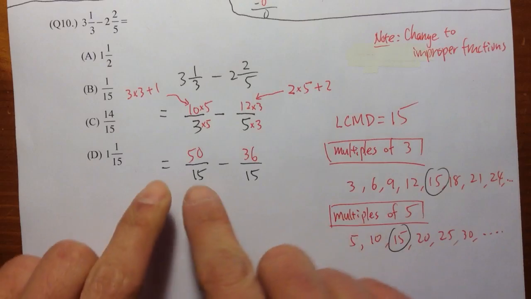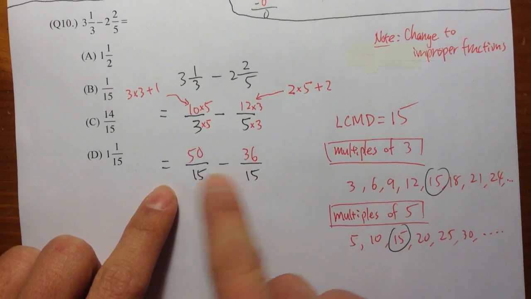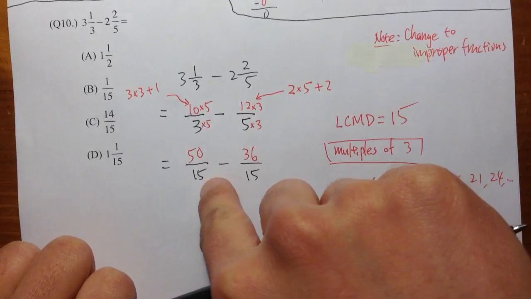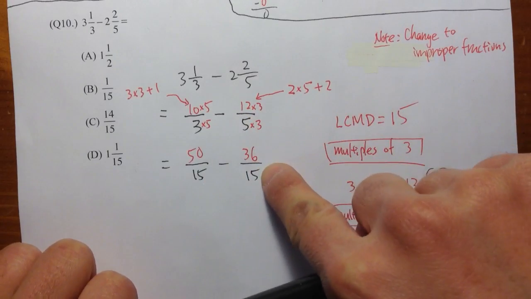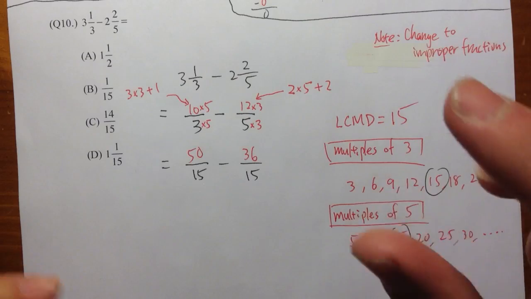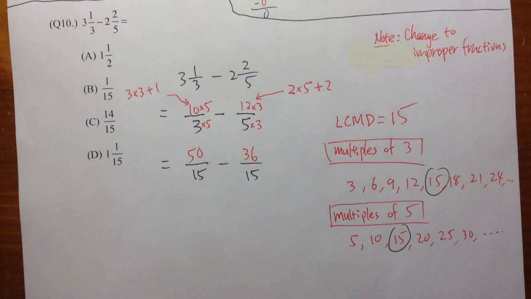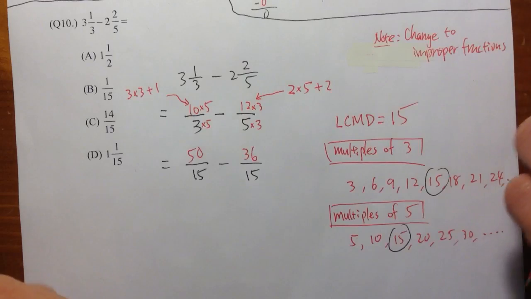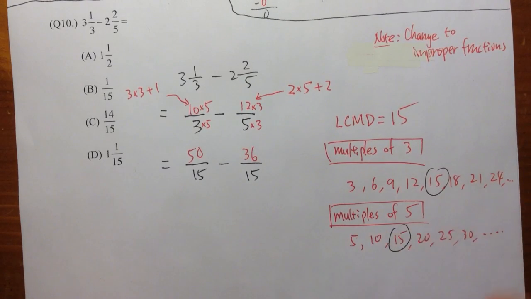And now you see that we made the denominators of these two fractions the same. This fraction is equal to that fraction, even though they look different. I will talk more about fractions in my later videos, but right now these are the procedures on how to subtract fractions and how to change mixed numbers to improper fractions.